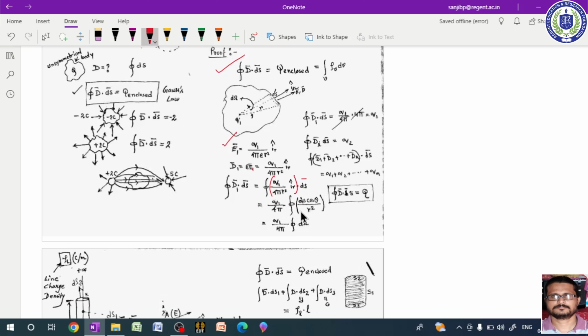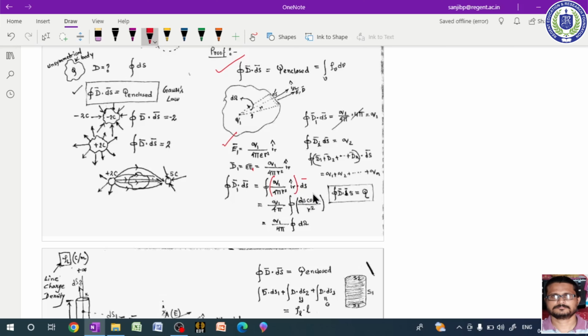Now inside the integration, what I have written is i_r dot dS. i_r means unit vector, actual magnitude is 1, so it is dS. dS into 1 means dS. And for the dot you can write cos theta.